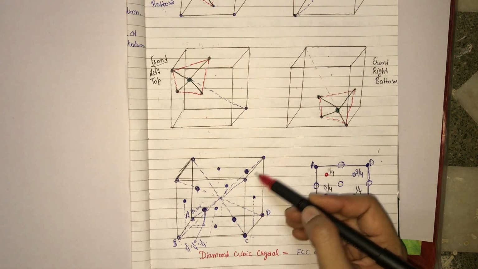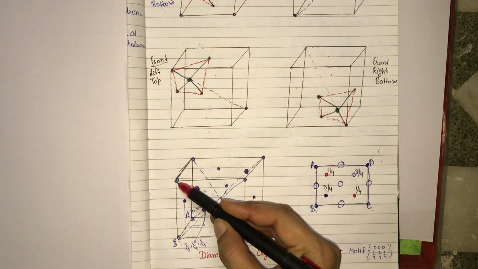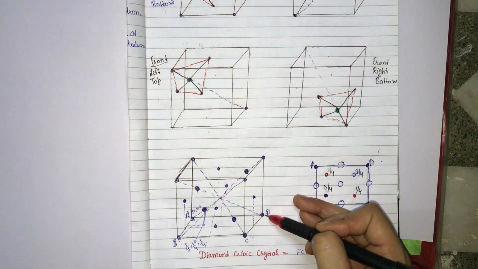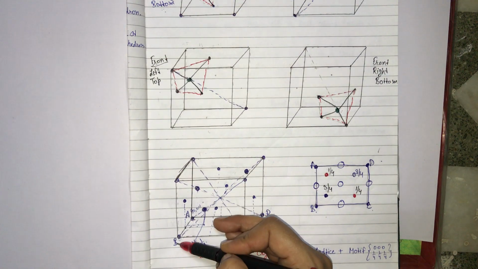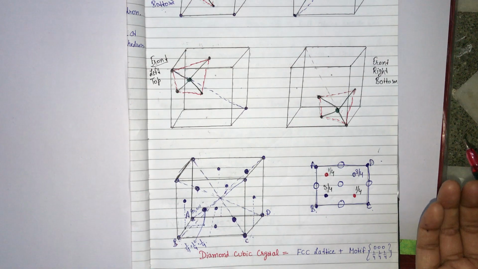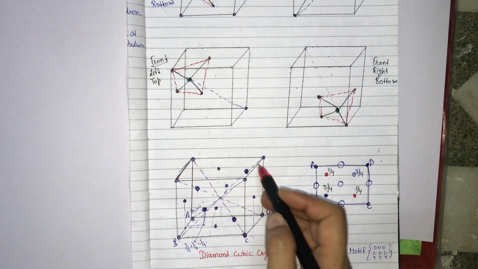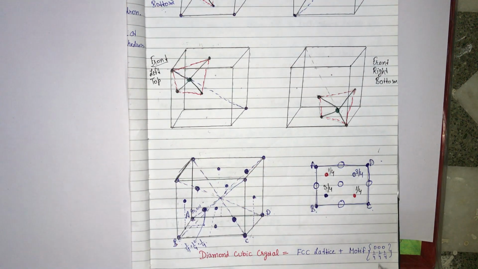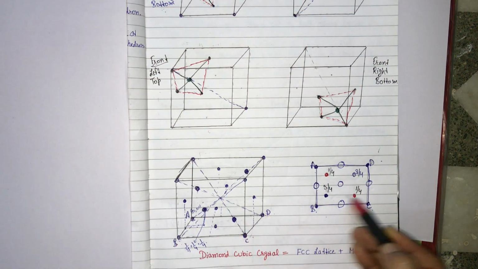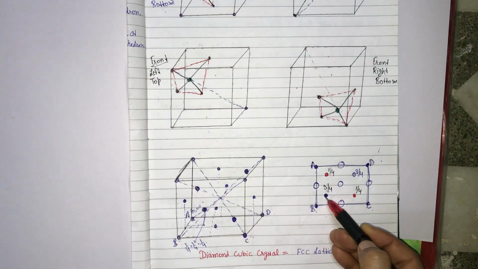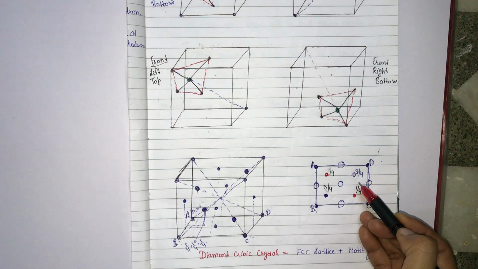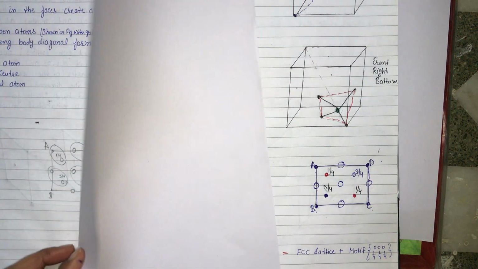And also you can mark, if I project these top corners, then this will also make a projection exactly on this C point. This is D point, this is A point, and this is B point. So these top points will not lead to a new point, so we will leave these top points projection. So carbon atom location, this is 1/4 at this, 1/4 at this, 3/4 at this position, and 3/4 at this position. Clear?